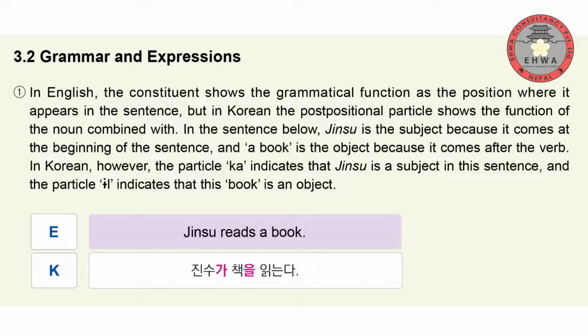Not only does Korean have markers that show which word the subject is, it also has markers for the object as well. As I mentioned before, Korean sentence order is usually subject, object, verb.